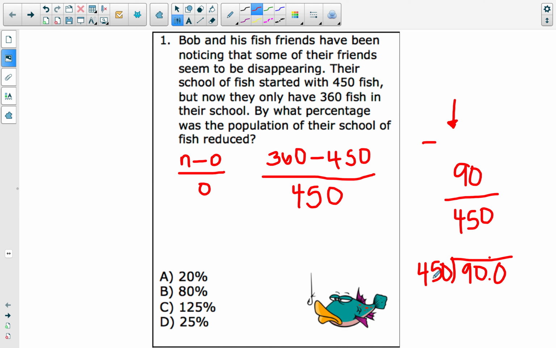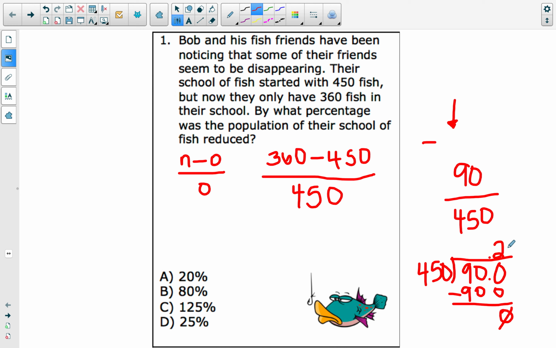So now 450 can go into 900 a total of 2 times, giving us a grand total of 900. And if we subtract, we're left with nothing. No remainder, nothing left over. 450 goes into 900 2 times evenly.